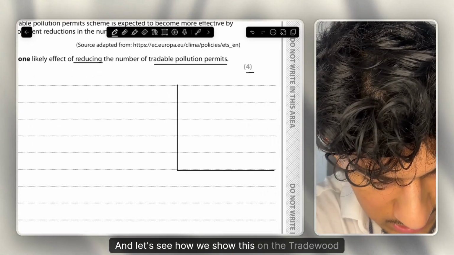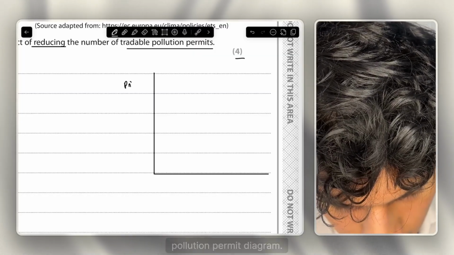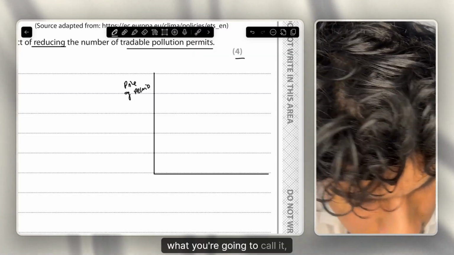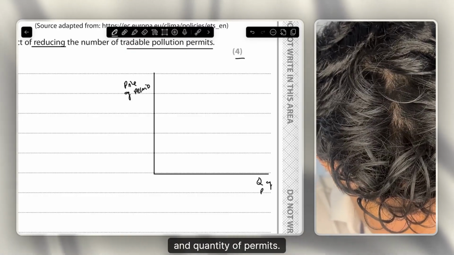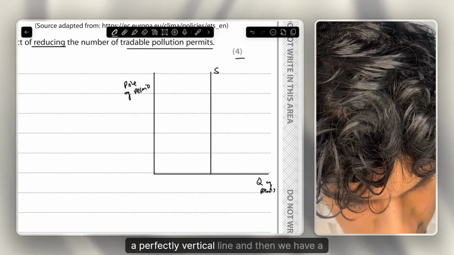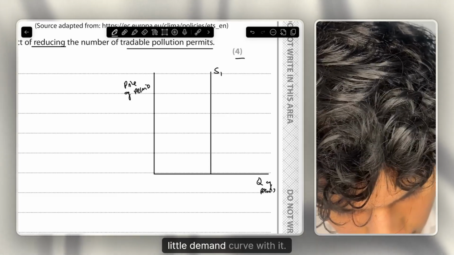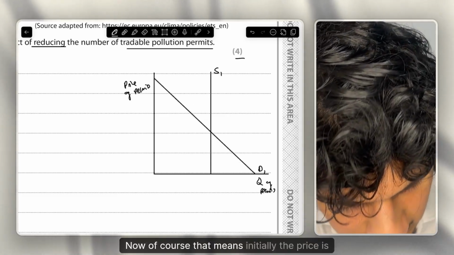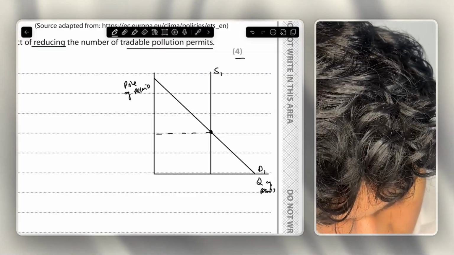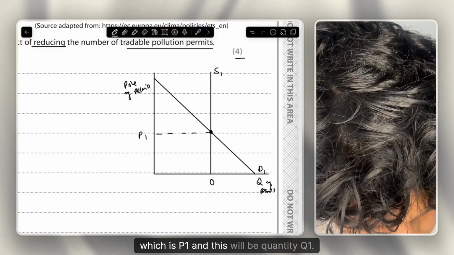And let's see how we show this on the tradable pollution permit diagram. So price of permits, pollution permits, and quantity of permits. And for those of you who have seen this diagram, it is a perfectly vertical supply line, and then we have a little demand curve with it. Now, that means initially the price is here, which is the equilibrium price, P1, and this will be quantity Q1.